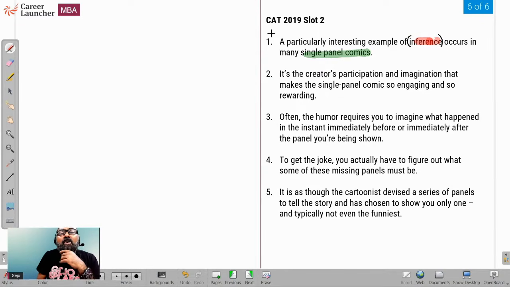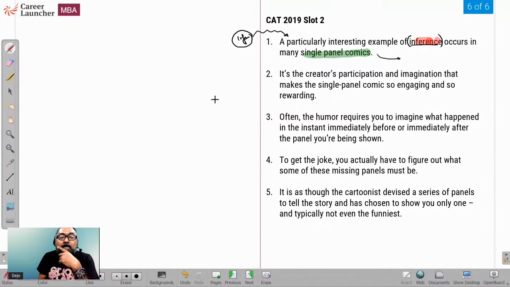A particularly interesting example, which means an interesting example of inference. So if there is a sentence before it, it should introduce inference and then say inference occurs in single panel comics. Whatever sentence goes after it has to explain to us what is the inference happening in single panel comics. So that's what this sentence is trying to do.